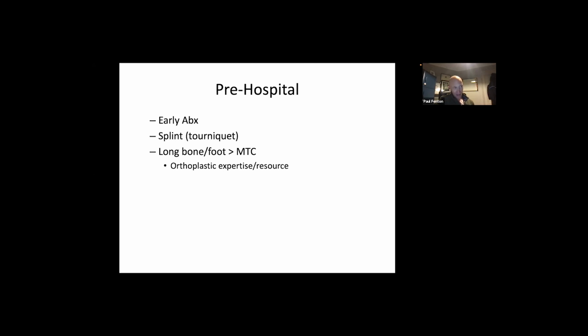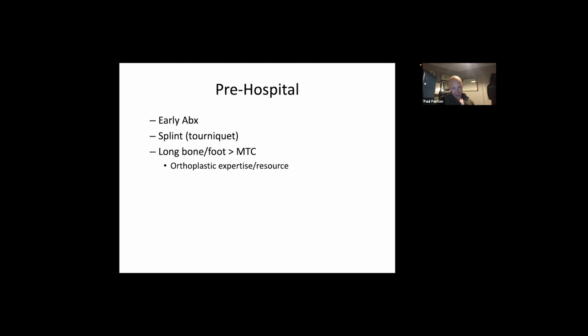In the current age, where we have major trauma centres and a trauma network, the UK guidelines are that any long bone open fracture, or any open fracture involving the foot, so the hindfoot and midfoot, not the toe obviously, should go to an orthoplastic centre.